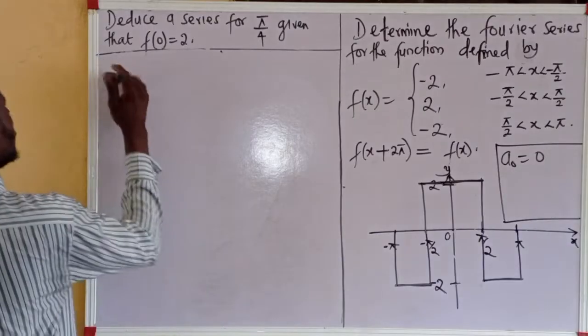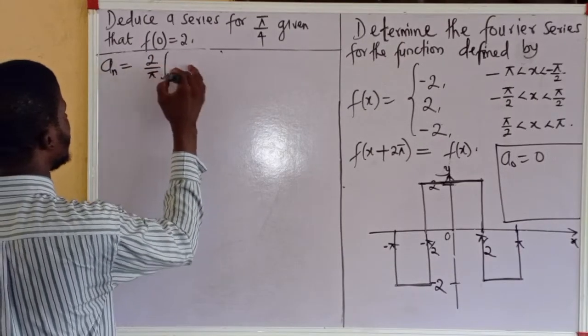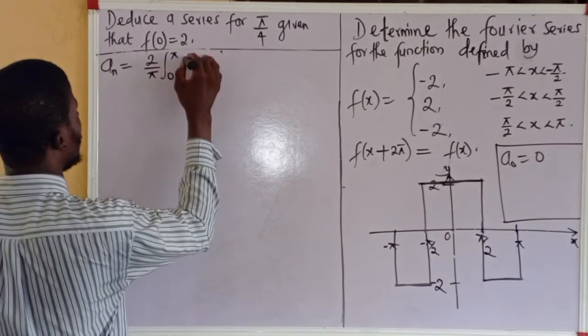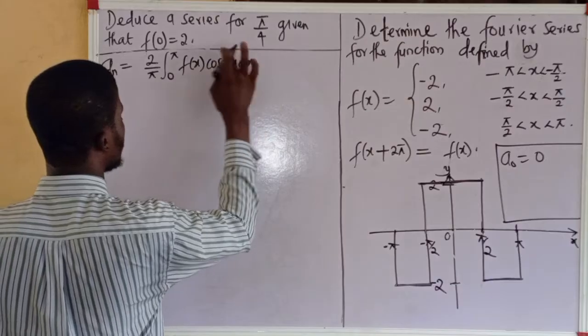So we said that A sub n is 2 over pi times the integral from 0 to pi of f of x cos nx dx.